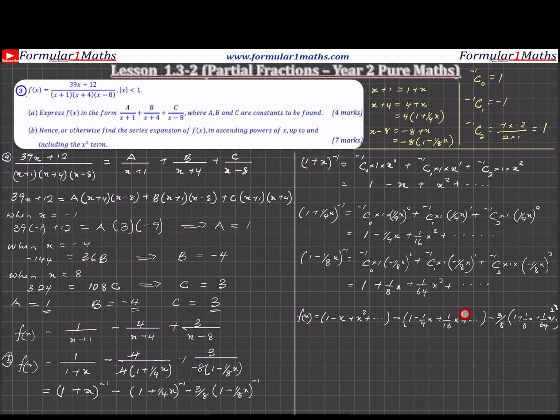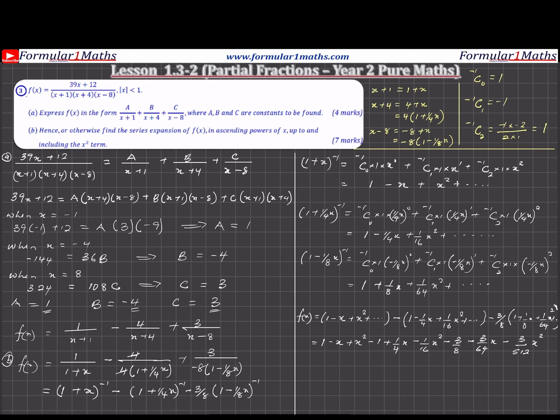So I'm going to expand the whole thing by expanding these brackets here, and I'm going to get 1 minus x plus x squared, minus 1 plus 1 over 4x minus 1 over 16x squared, minus 3 over 8, minus 3 over 64x, minus 3 over 512x squared.